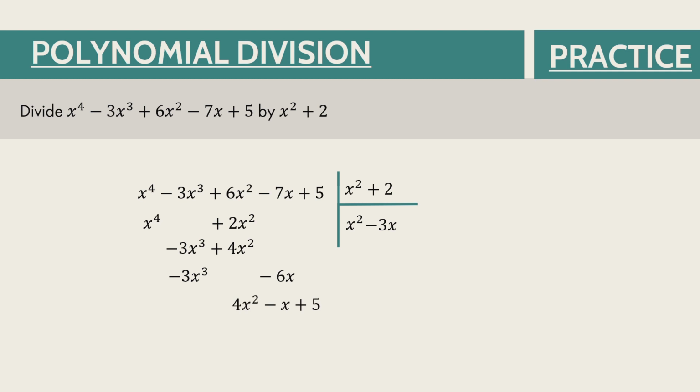The remaining is 4x squared minus x plus 5. And finally we have 4. And here's the remainder, negative x minus 3. You cannot divide anymore, so this is the remainder of the division. Negative x minus 3, and the quotient is x squared minus 3x plus 4.